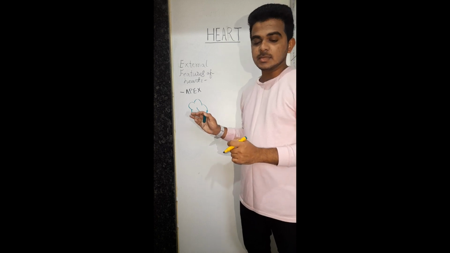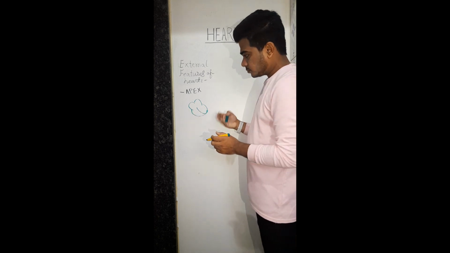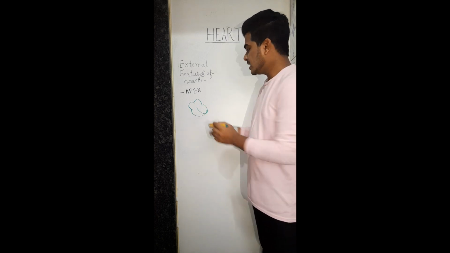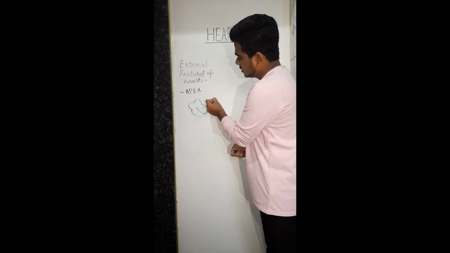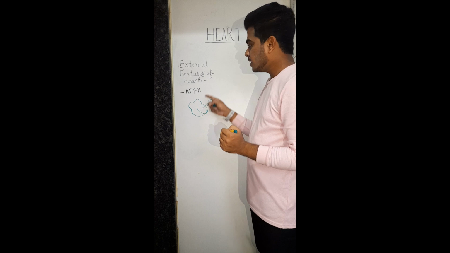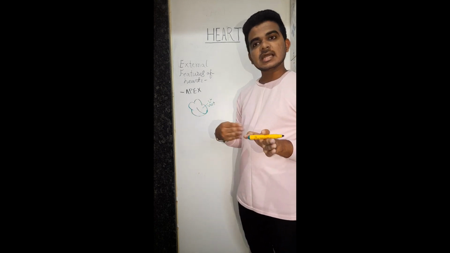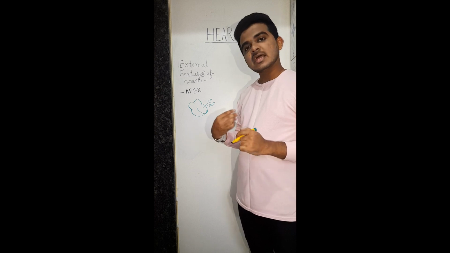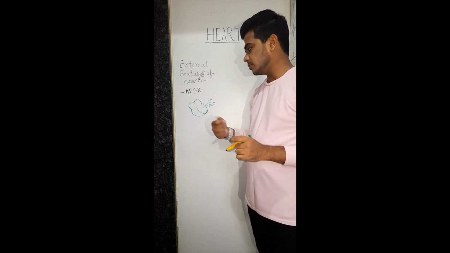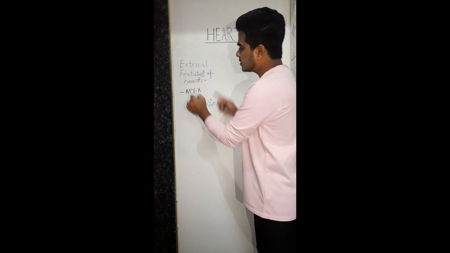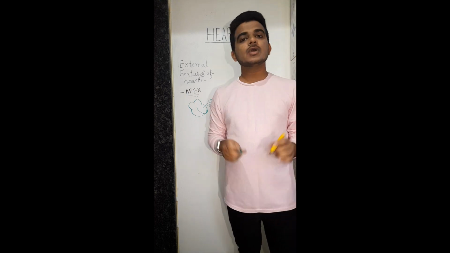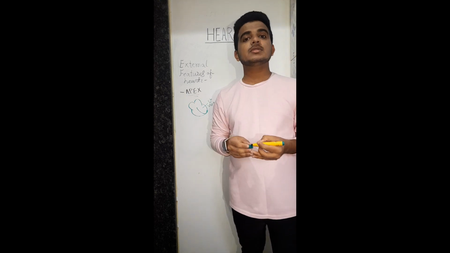Apex of the heart is mainly formed by the left ventricle. The left ventricle forms the apex of the heart, and the apex is downward and slightly going to the left side, downwards and left. So apex of the heart is the second external feature which you have to write in the examination.